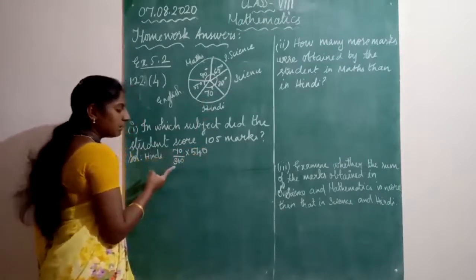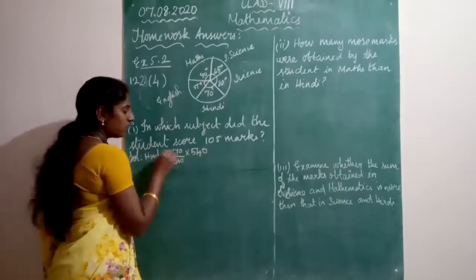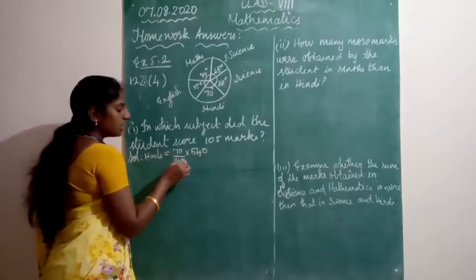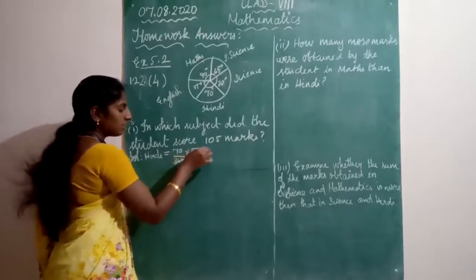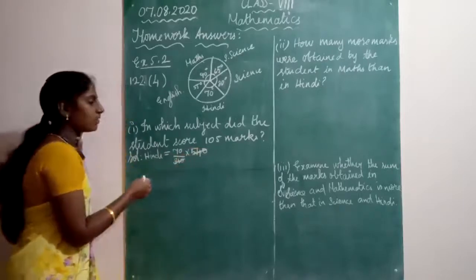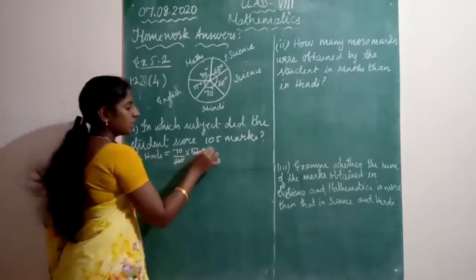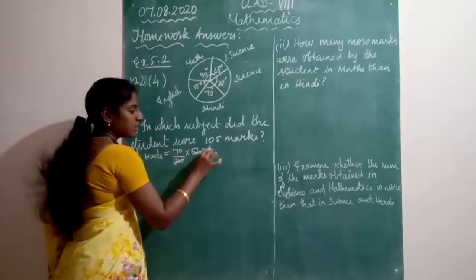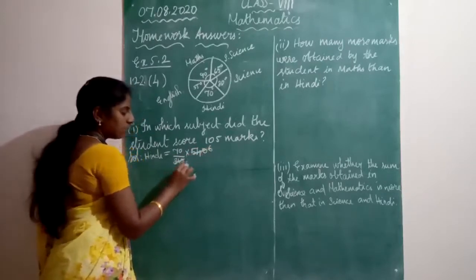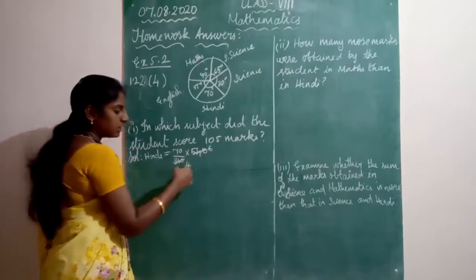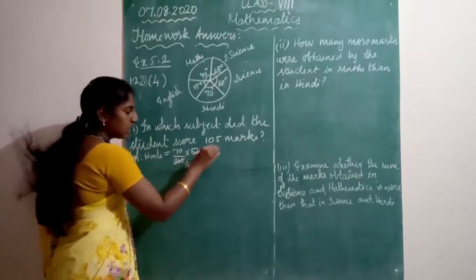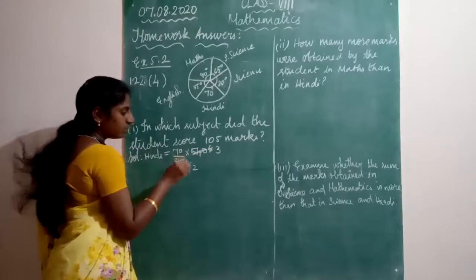Central angle divided by complete angle into total marks. Okay. So here you will have 360 and 540 cancelled. Okay. And here you will have 9 6s are 54 and 9 4s are 36. So 6 and 4 again will get cancelled. 3 and 2. Okay.